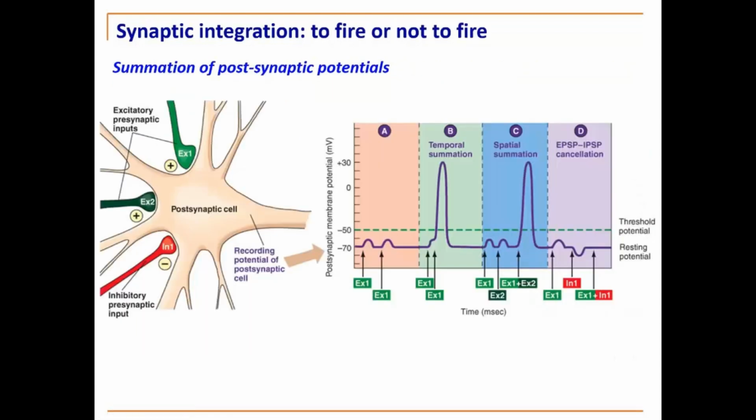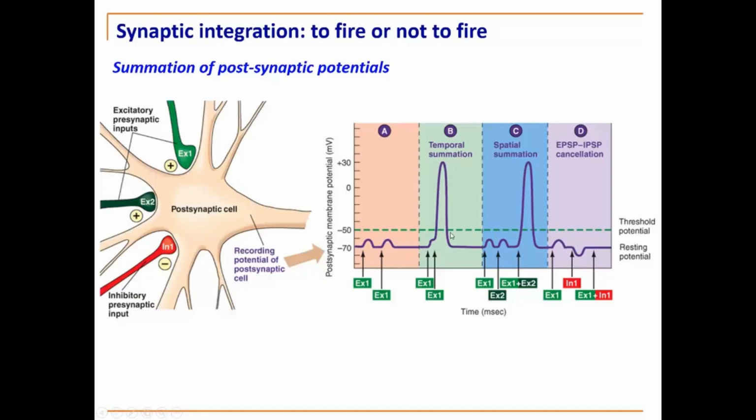Then we need to bring all of this information together. If we look at this postsynaptic cell, you can see it's being stimulated by this neuron, stimulated by this neuron, and inhibited by this neuron. They all add up, so we get summation of postsynaptic potentials. If they don't come quickly enough, you get EPSP, EPSP, it's quite slow, so you don't get an action potential. You get temporal summation, EPSP, EPSP, leading to temporal summation.